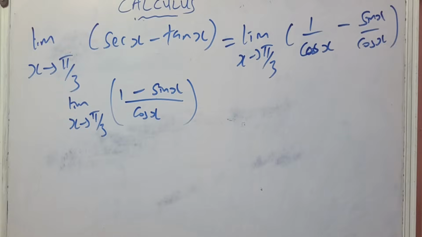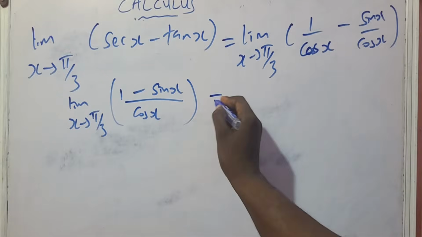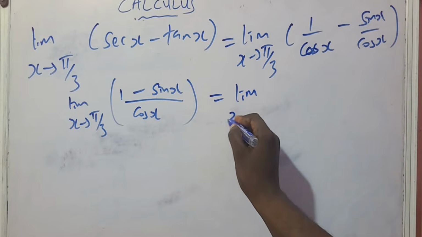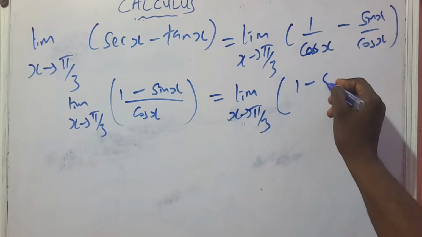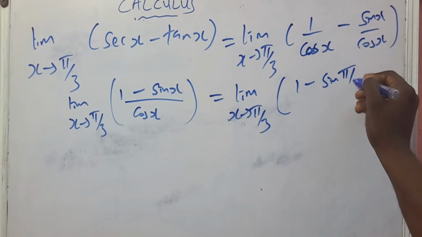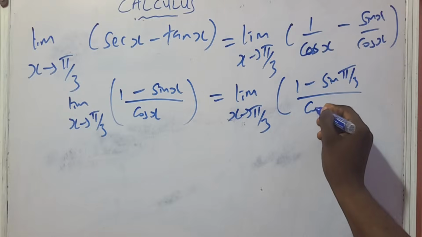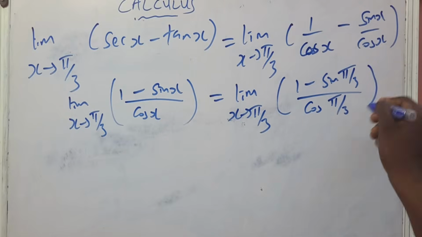So now that I've simplified a bit to a point where I can easily use my calculator, I can go on now to fill in my values for x. So I have sine pi over 3 over cos pi over 3.